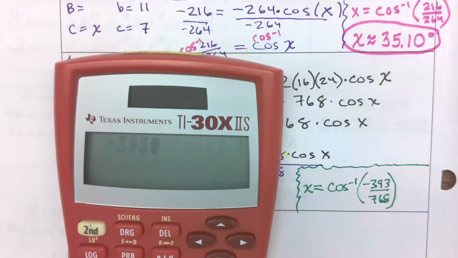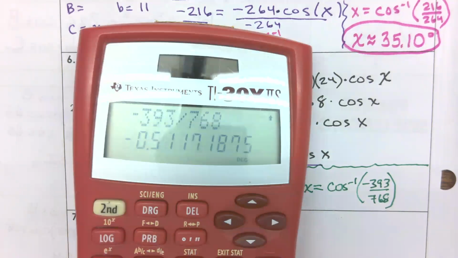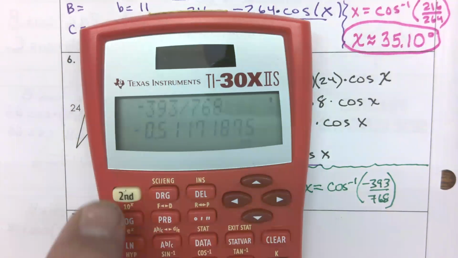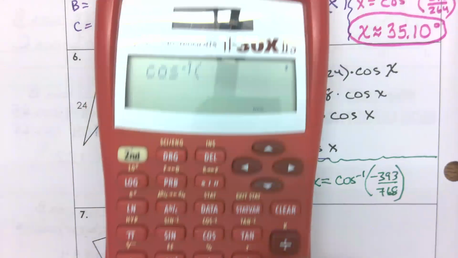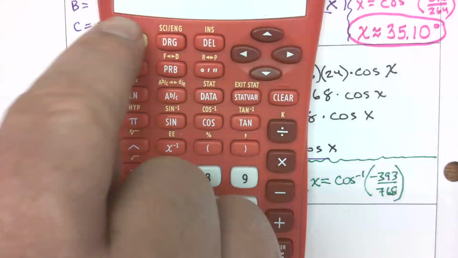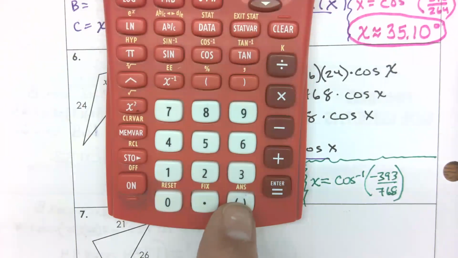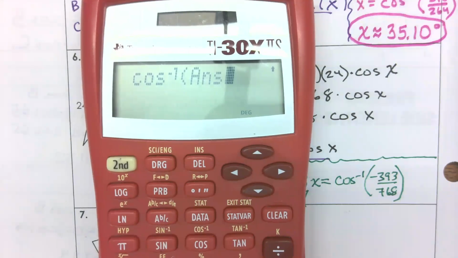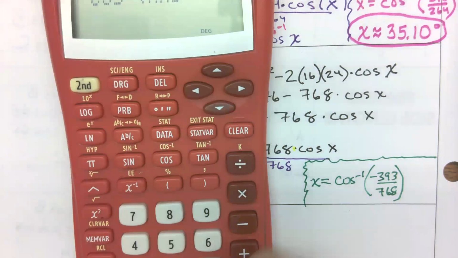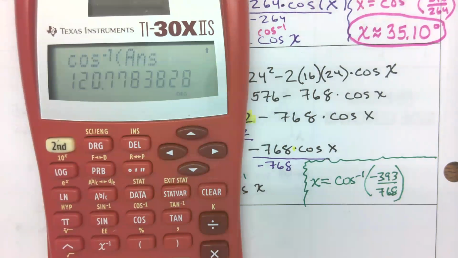Negative 393 divided by 768 gives me that decimal value. And then I can say second cosine, oops, it took that value from me. I want to pull it back. So I'm going to go second and down here to the answer button. And now it pulls back that specific decimal without any rounding issues. Enter. And I get 120.78.